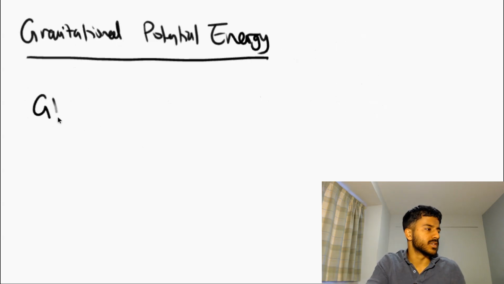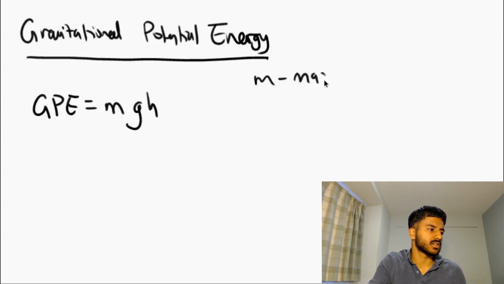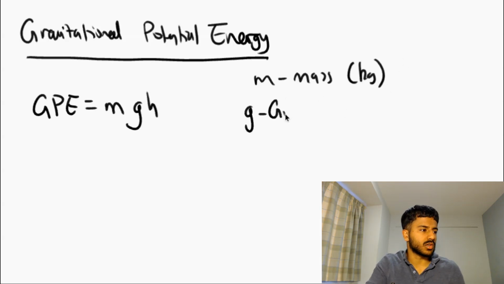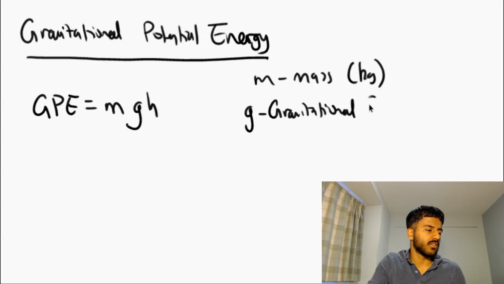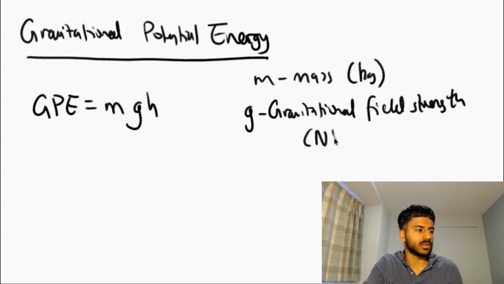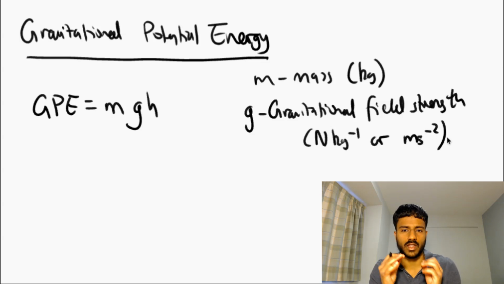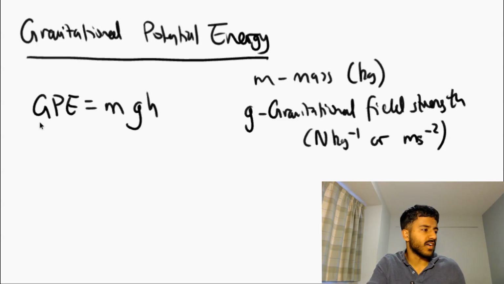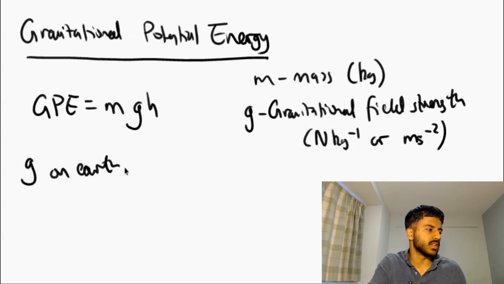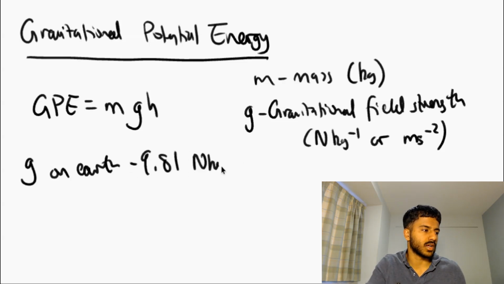Now your gravitational potential energy equation is equal to mgh, where m is the mass of your object in kilograms, g is the gravitational field strength, and this either has units of newtons per kilogram or meters per second squared. Both of these are the exact same. So if you have 1 Newton per kilogram, you have 1 meter per second squared. And the value of g on Earth, which is going to be the situation for most examples that you encounter, is 9.81 newtons per kilogram, or 9.81 meters per second squared.